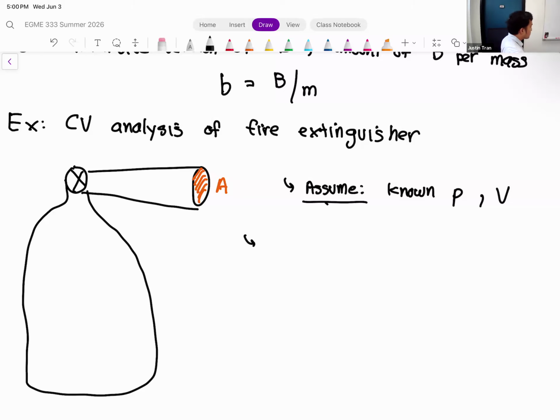So in this situation, we are expelling fluid from the fire extinguisher, pushing the button to extinguish a fire. Let's use Reynolds transport theorem to compute the rate at which the mass of the fluid within the extinguisher decreases as a function of time.